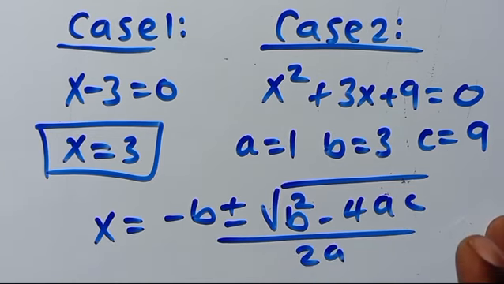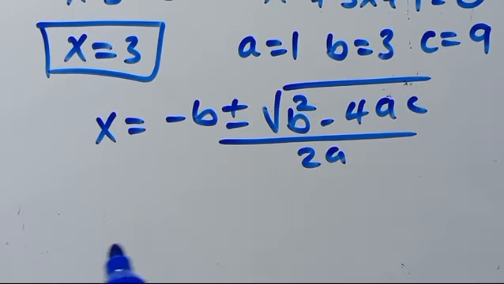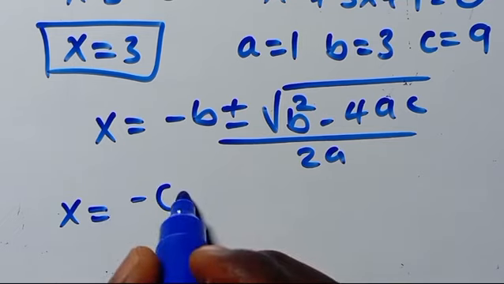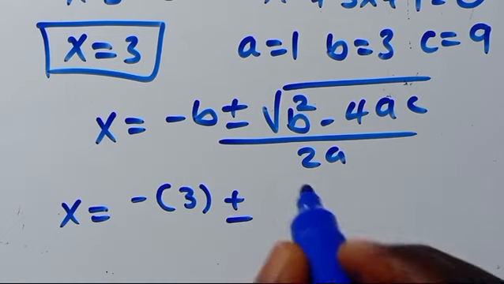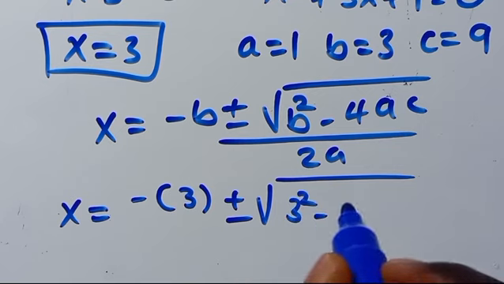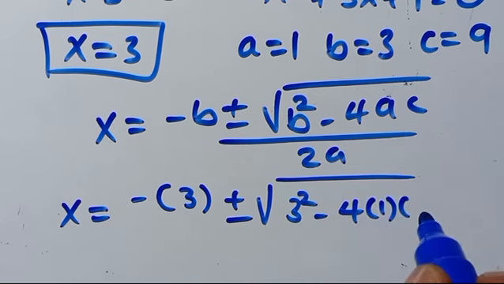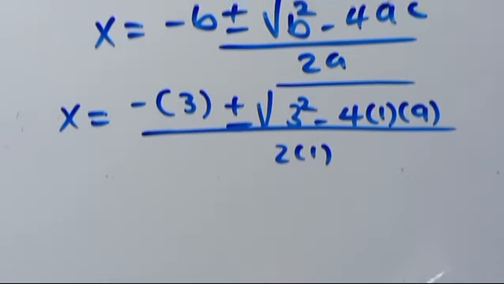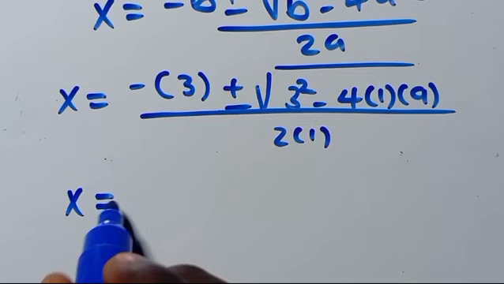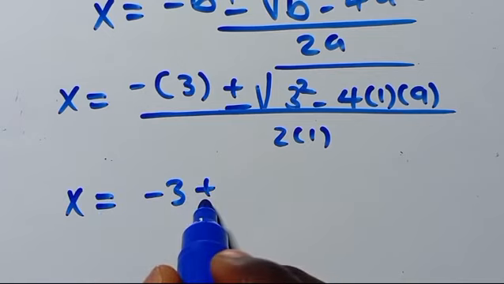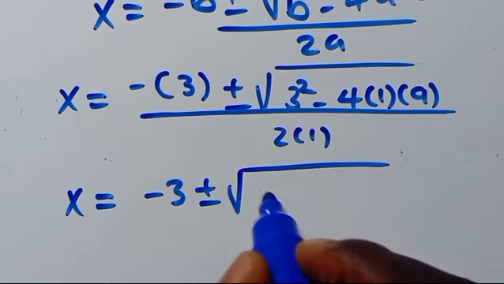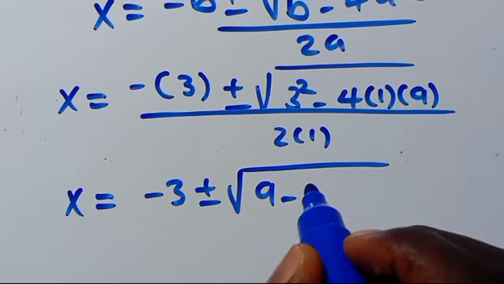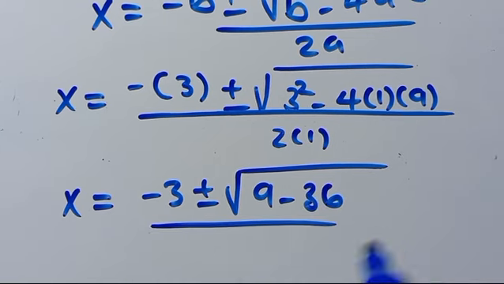Now when you plug in everything here, we are going to have minus, our b is 3, positive or negative, square root of 3 squared minus 4 times a times c, over 2 times 1. We have x equals minus 3 positive or negative square root of 9 minus 4 times 1 times 9, which is 36, over 2.